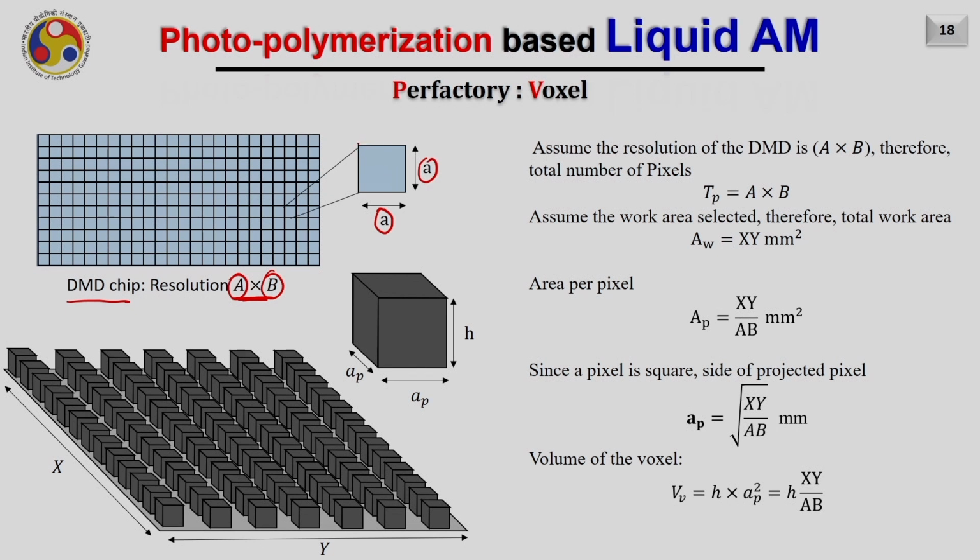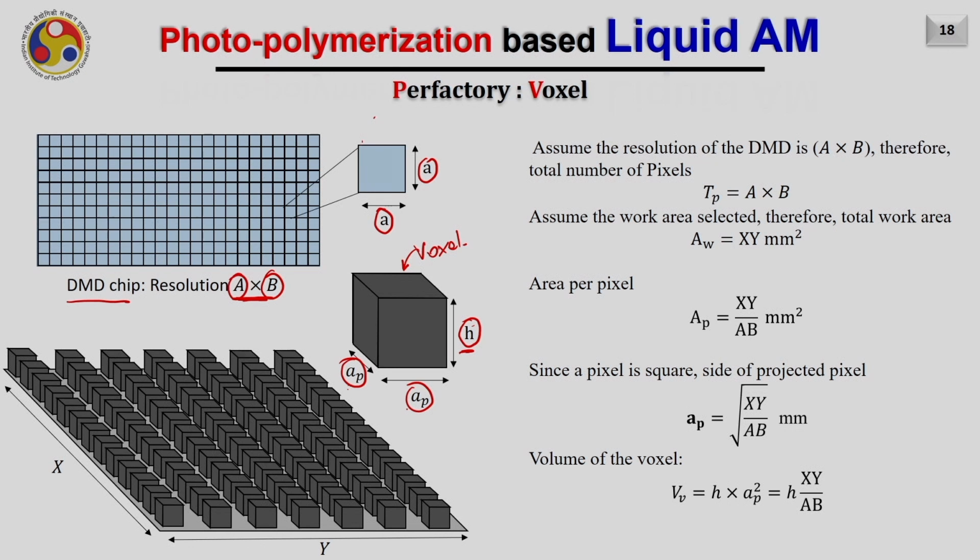As the light is getting projected on the liquid bed of wet photopolymer on the top side, the cured part will be a cube, which can be called a voxel. The size of this voxel can be considered as AP on the x axis and y axis, and the height of the voxel is h. Of course, this height will depend on the exposure time.